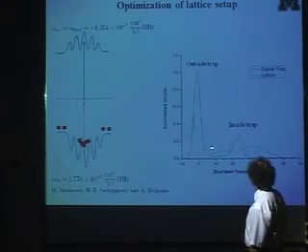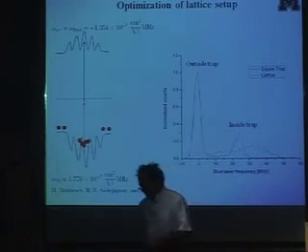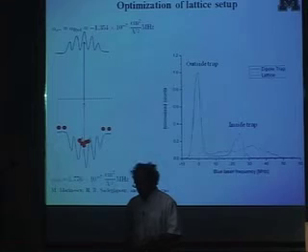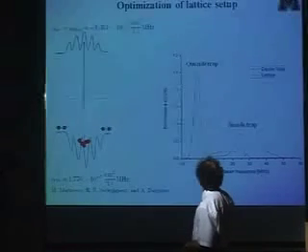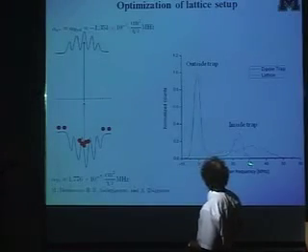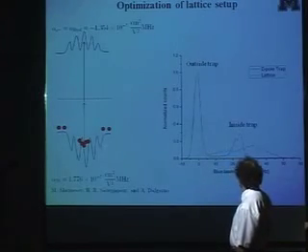This is basically just showing how the atoms are distributed in the optical lattice for the ground state. In the dipole trap, you can see that there's quite a bit of localization at the bottom of the trap.